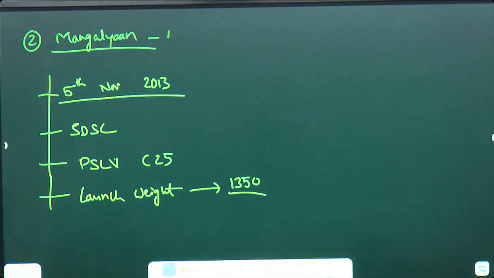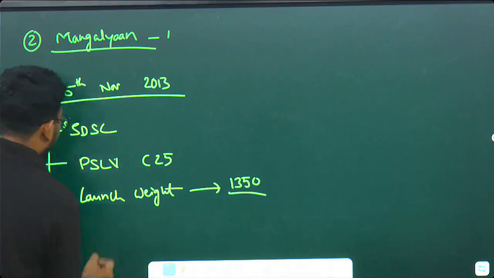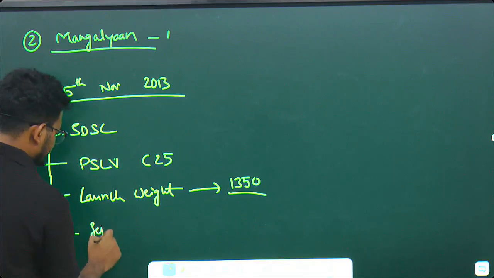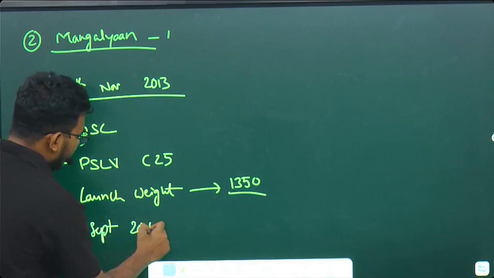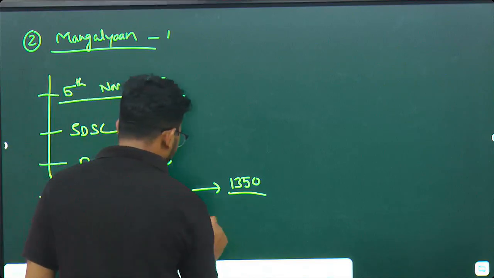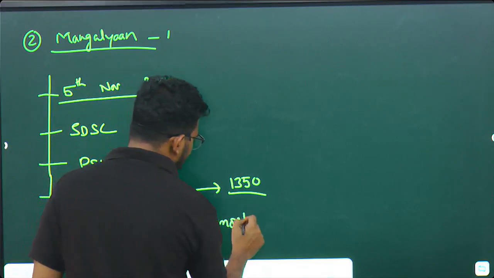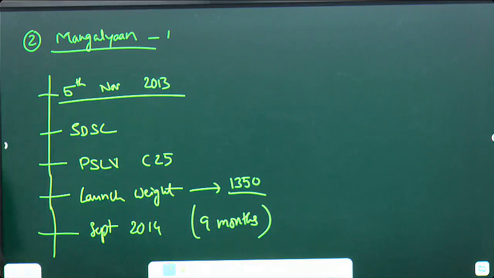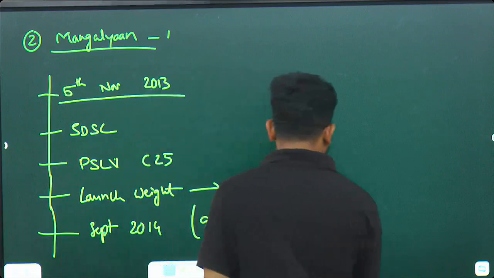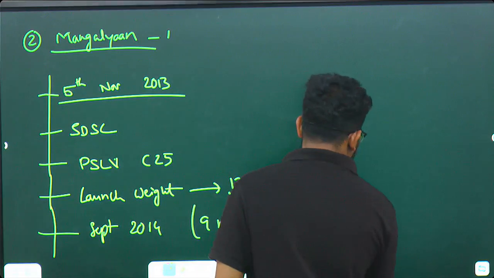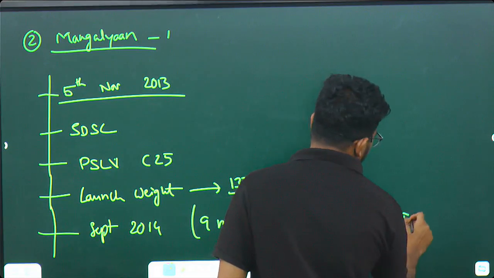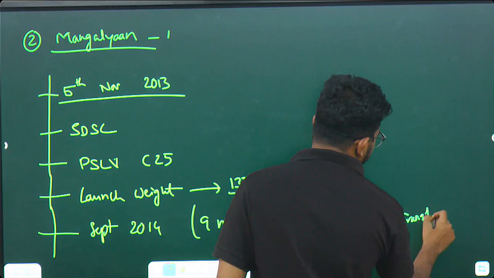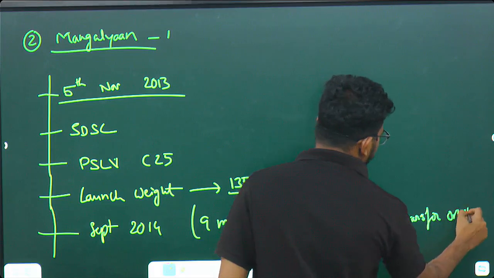Now it has reached there in September 2014, which means it took 9 months. And it has entered a Martian transfer orbit.